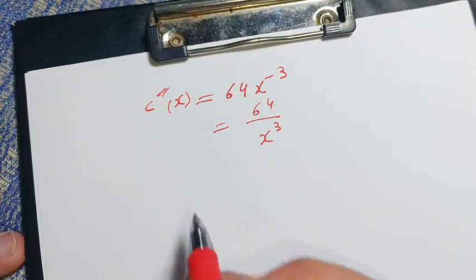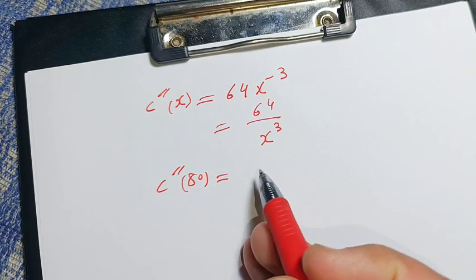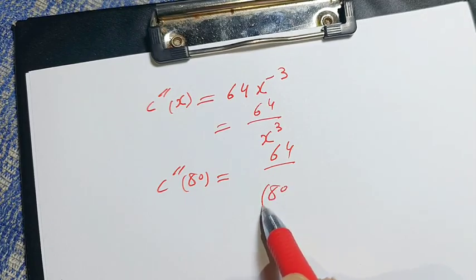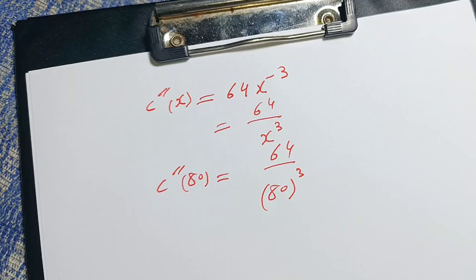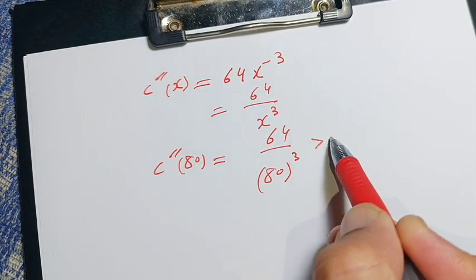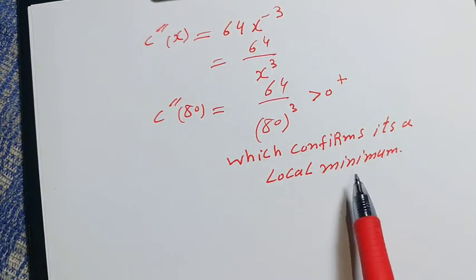Now I'm going to put positive 80 into this function: 64 over 80 cubed, which is greater than 0. The second derivative is positive, which confirms it's a local minimum.